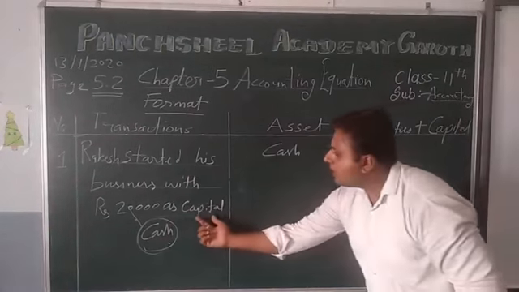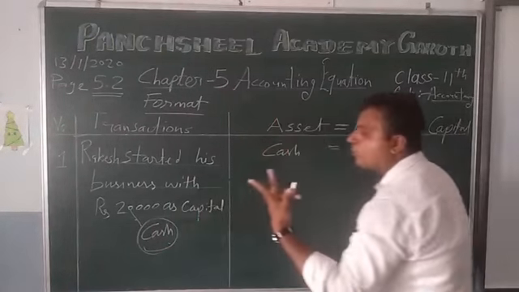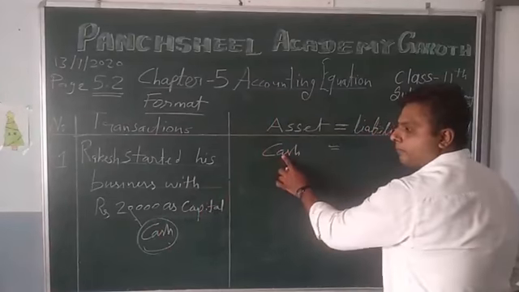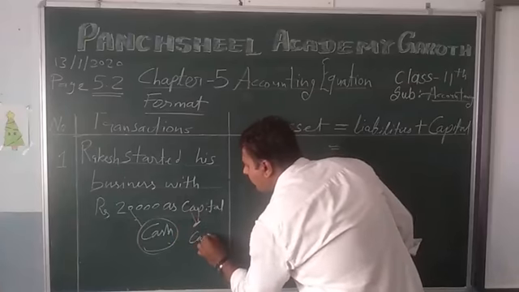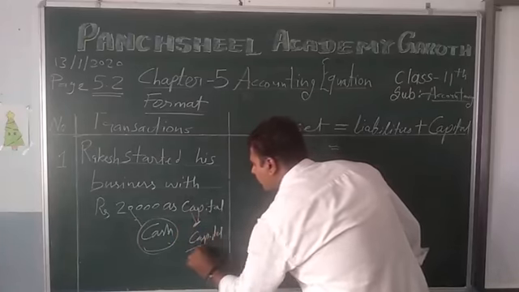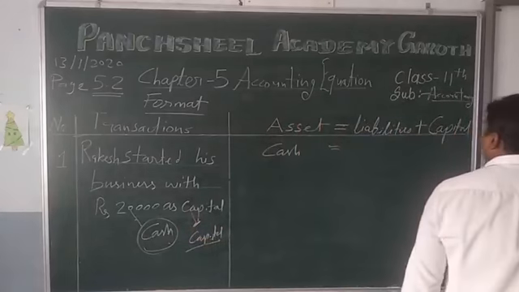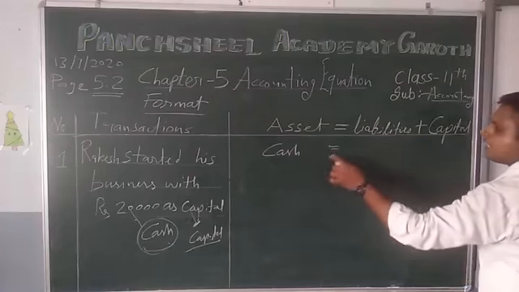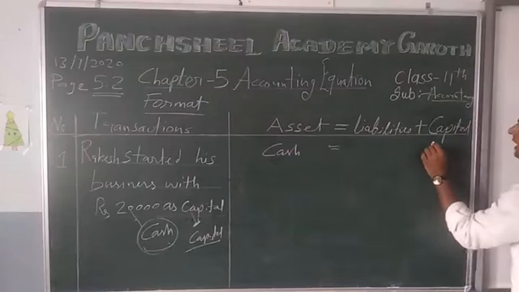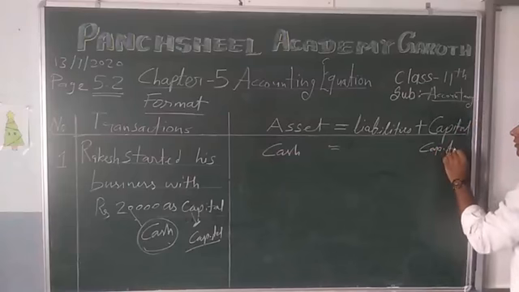So he is starting with cash, and it must have two effects. One is cash and the second is capital. Capital is a liability.